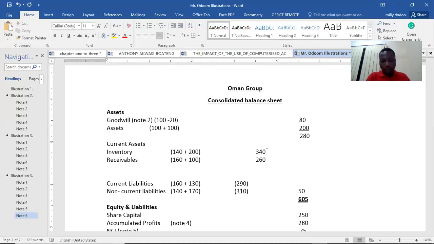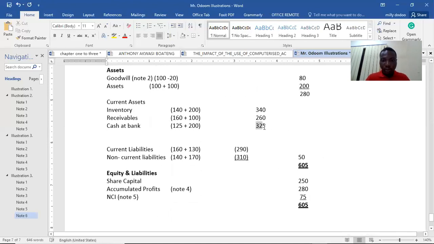You also have cash at bank. And cash at bank, you have 125 and 200. So 125 and 200 should give you 325.